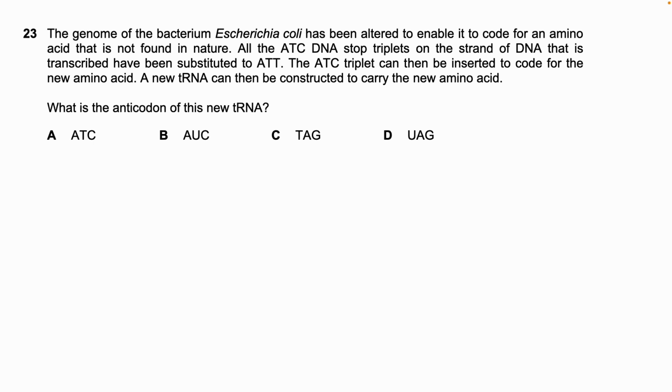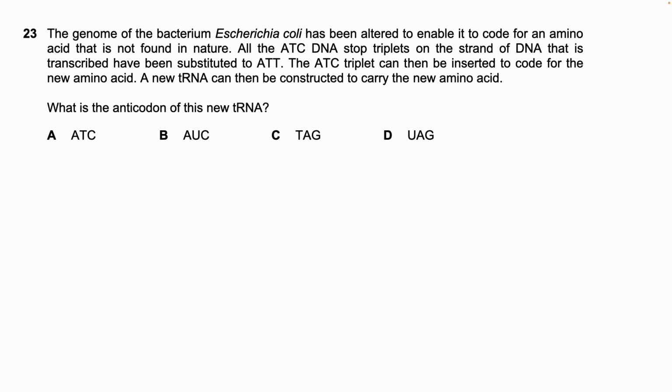Question 23. The genome of the bacterium Escherichia coli has been altered to enable it to code for an amino acid that is not found in nature. All the ATC DNA stop triplets on the strand of DNA that is transcribed have been substituted to ATT. The ATC triplet can then be inserted to code for the new amino acid.